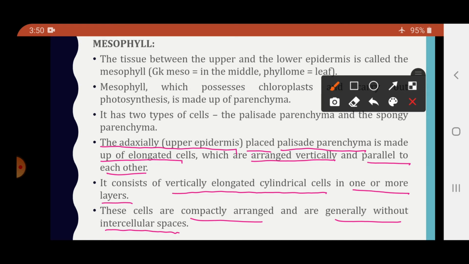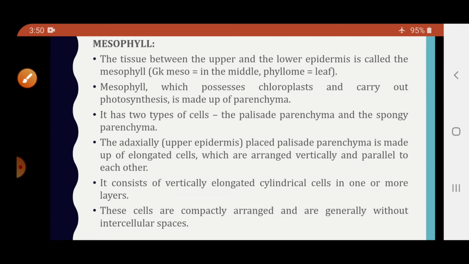So basically, palisade parenchyma cells are elongated cells arranged vertically one above the other and parallel to each other, compactly arranged, with no intercellular space between them.